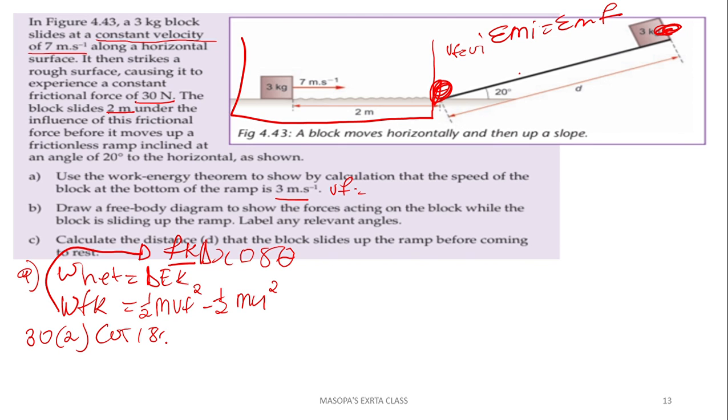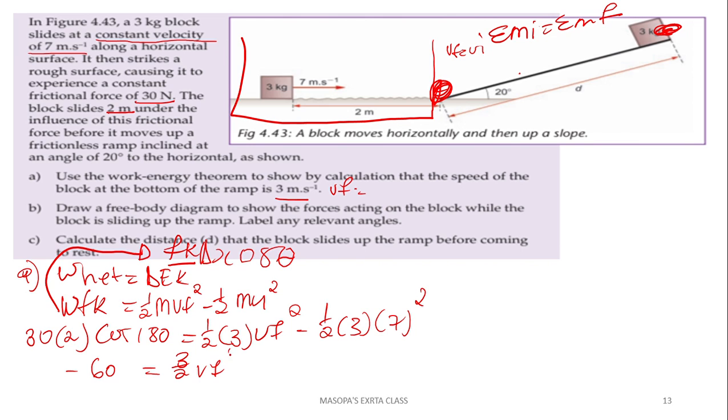Then this equals 1/2 mass 3 times the final velocity, which is what we are looking for, minus the initial kinetic energy, 1/2 mass 3 times the initial velocity 7 squared. The work done by the Fk we get is negative 60. That equals 3/2 Vf squared.